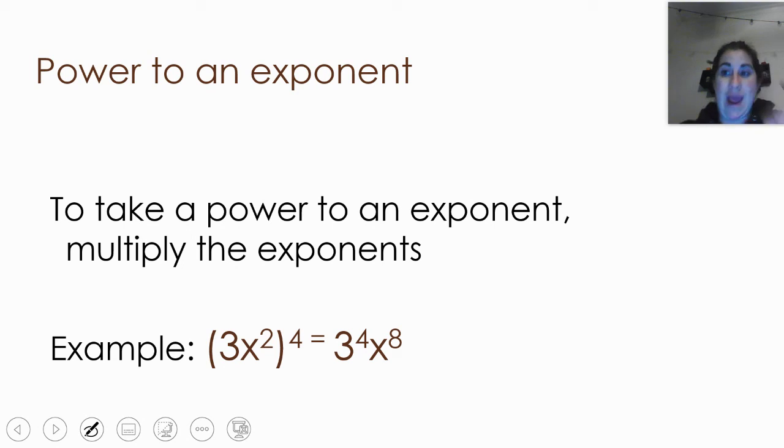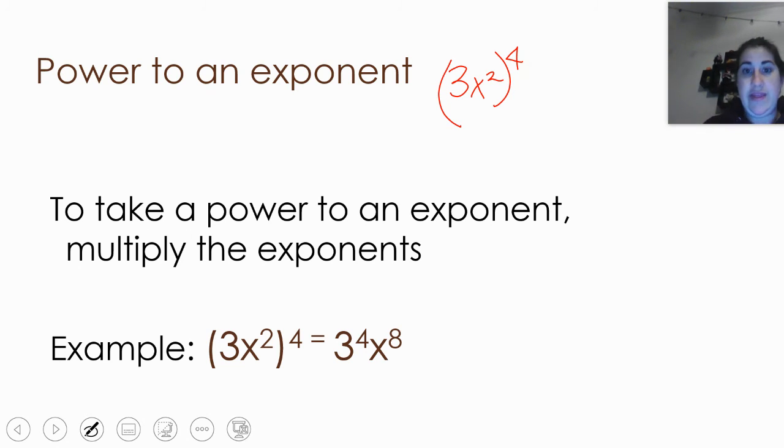We could have a power to a power. So for example, in this, we have 3x squared, and we're raising all of this to the power of 4. That means that I have 4 of this term.